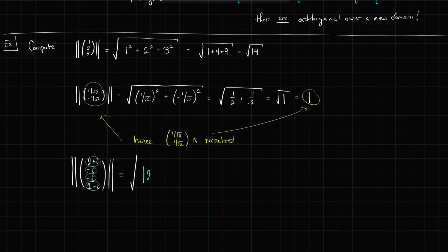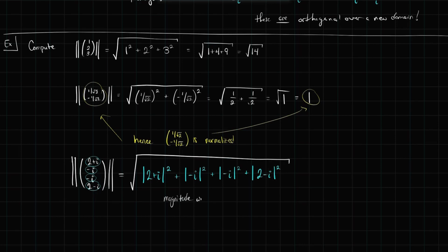So we're going to do the magnitude of 2 plus i squared plus the magnitude of -i squared plus the magnitude of -i squared plus the magnitude of 2 minus i squared. And keep in mind, the whole point in using the magnitude is that the magnitude will eliminate all imaginary terms. You don't just throw them out, but in producing the magnitude will eliminate all imaginary terms.